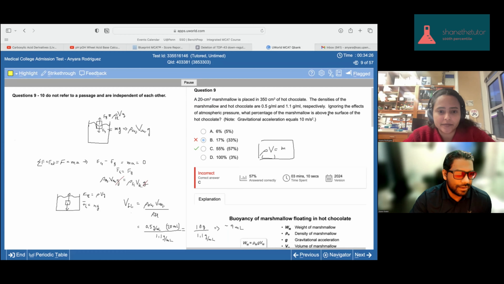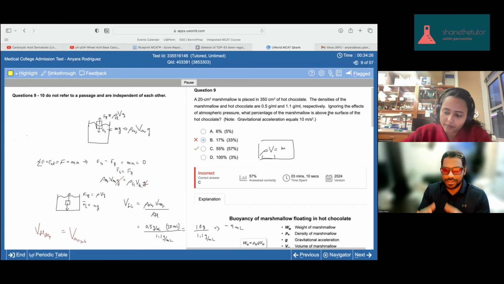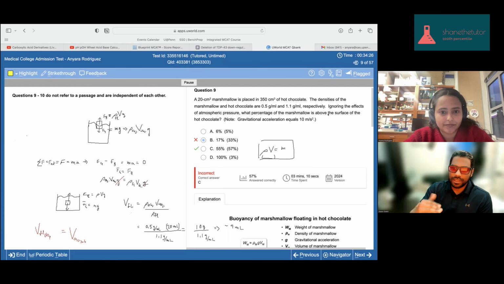I should also say that the volume of fluid displaced would be equal to the volume of the object that's submerged. So if 9 milliliters is how much of the object is submerged, it means that the part that isn't submerged is the rest of that 20 mLs, so like the 11 mLs or whatever.